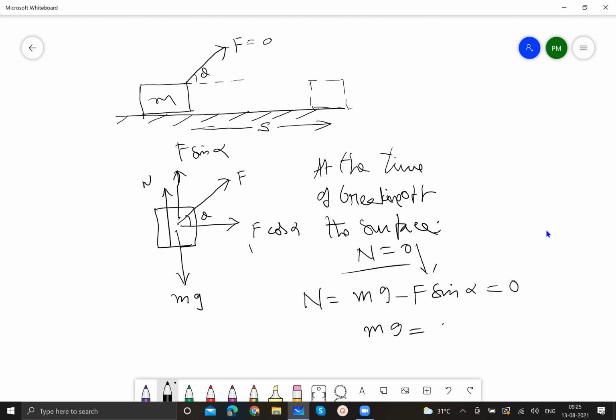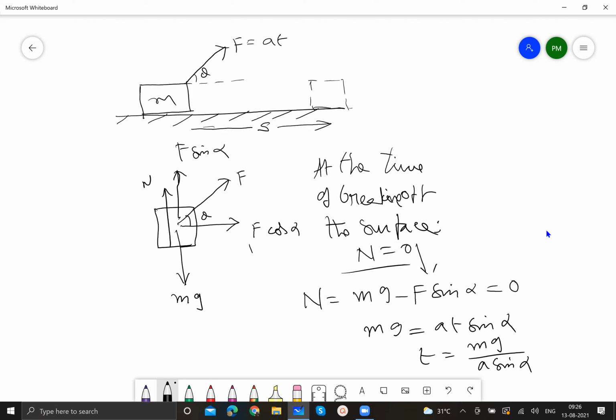So I'll get a t sin alpha. Therefore, the time after which it breaks off the surface is mg by a sin alpha.